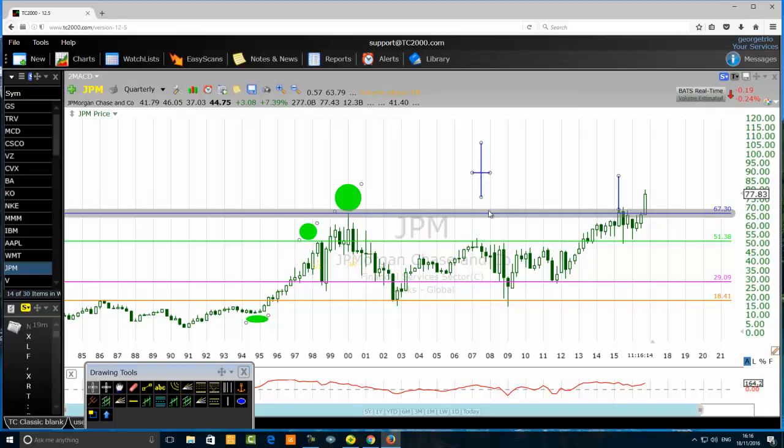If the closing price is near the high, it's very, very bullish. If the closing price is above the median line, that's good. It's bullish. If it's below the median line, it's bearish. If it closes near the low of that candlestick bar, it's very, very bearish.